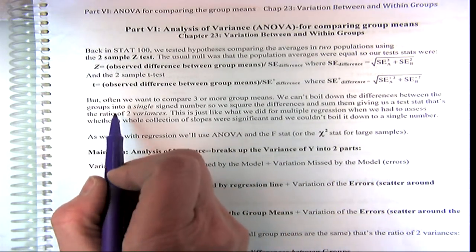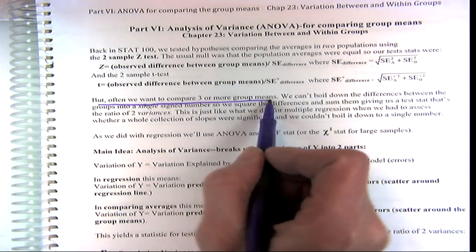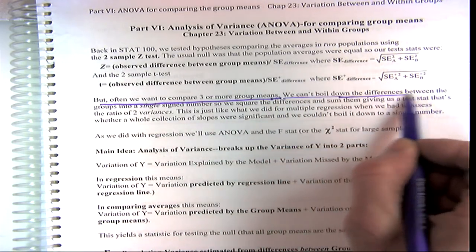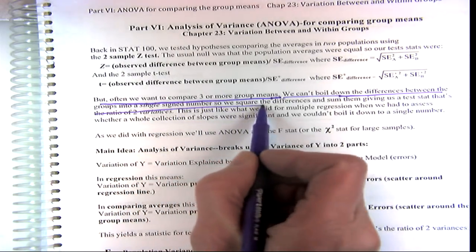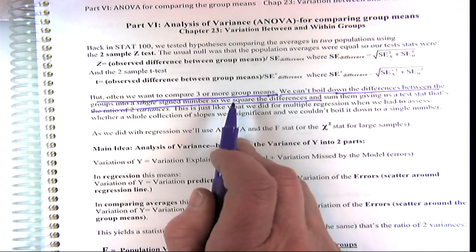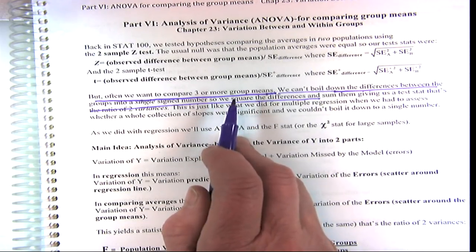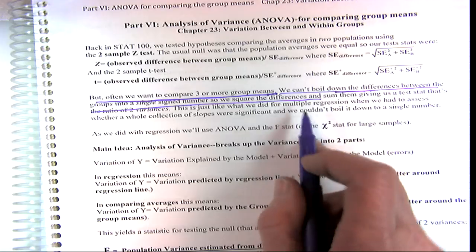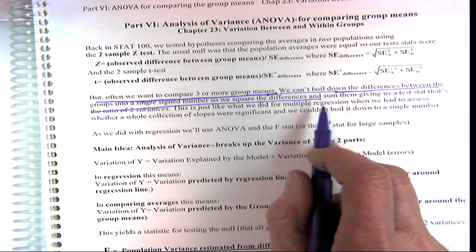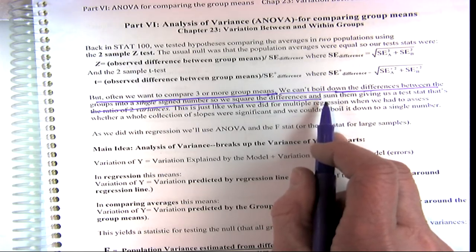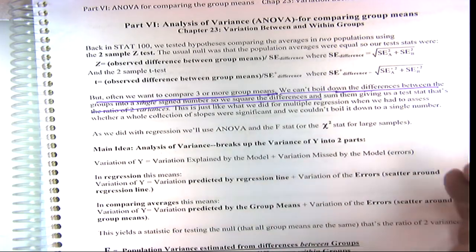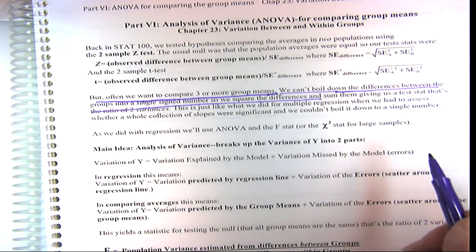And we often want to compare three or more group means, right? And it's the same exact thing. We can't boil down the difference between the groups into a single signed number. We can't just say the observed minus the expected, because we have three groups, four groups, right? So what do we always do? We always square the differences to eliminate the signs, and then sum those squared differences.